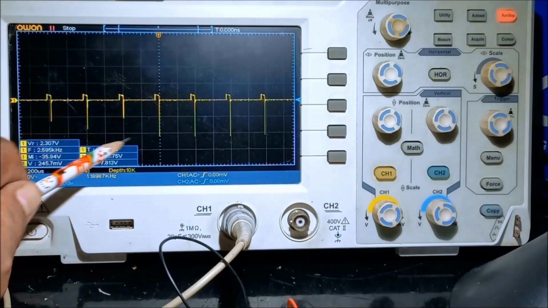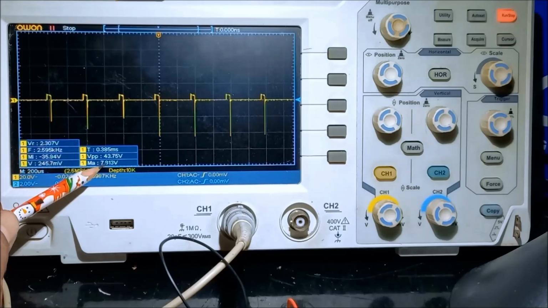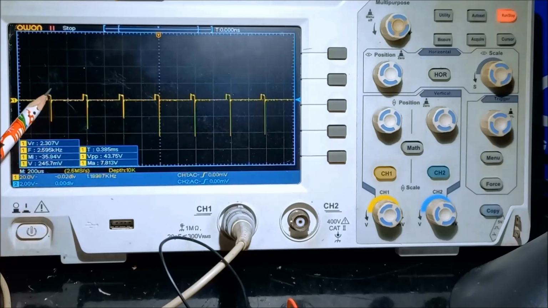A voltage spike, negative 35.94 volts, and a maximum voltage of 7.8 volts. So this one 7.8 volts during the time that the circuit capacitor is charging and discharging.